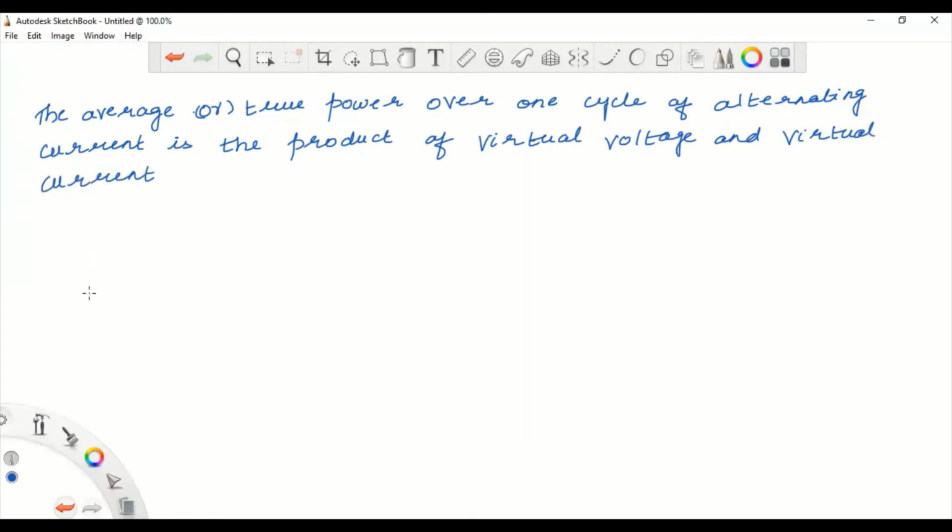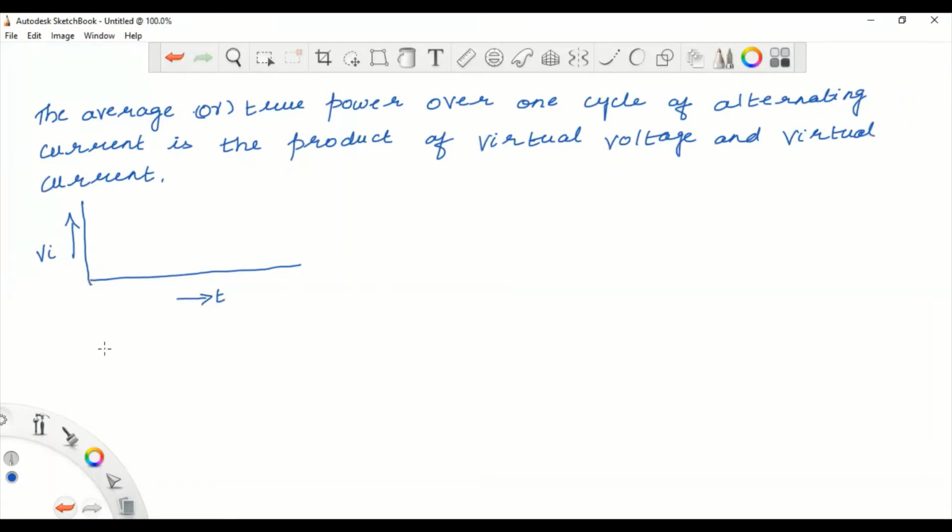Now let us represent this variation of instantaneous power with time. This is the graphical representation, children. Let us consider this axis as VI, and this as time.